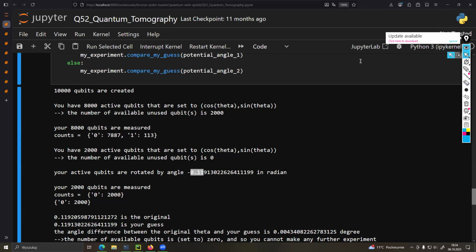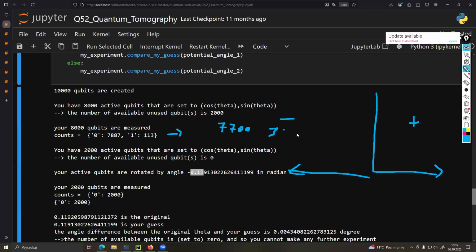So by that, I can expect this angle to match, and I have a confirmation that I am on a plus side instead of being on a negative side, where I would have been probably at like 7,700 and around, let's say, 300 experiments towards the one, right?